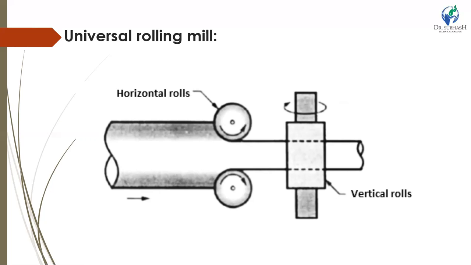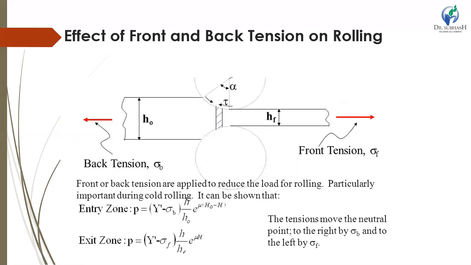Now we will see the effect of front and back tension in rolling. The roll force can cause deflection and flattening of the roll, which adversely affects the rolling operation.